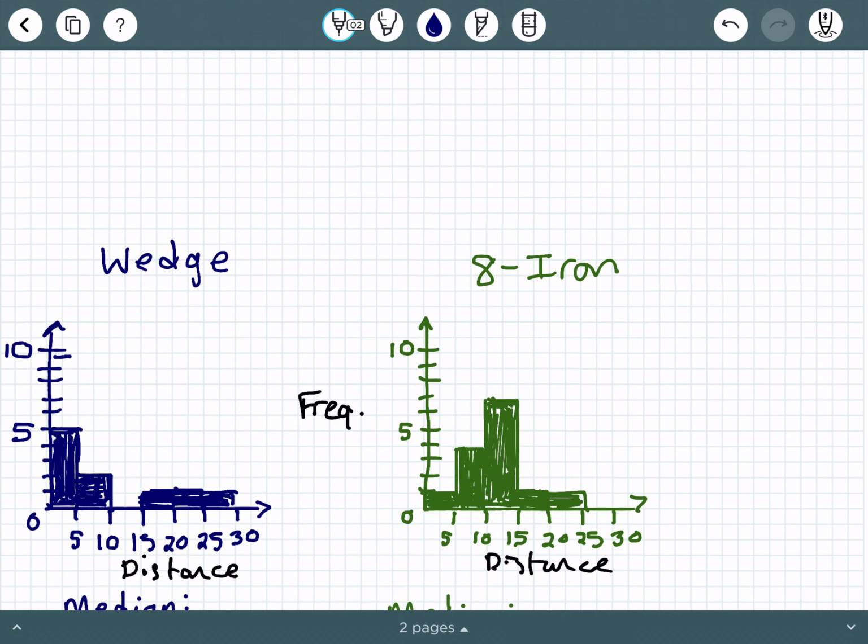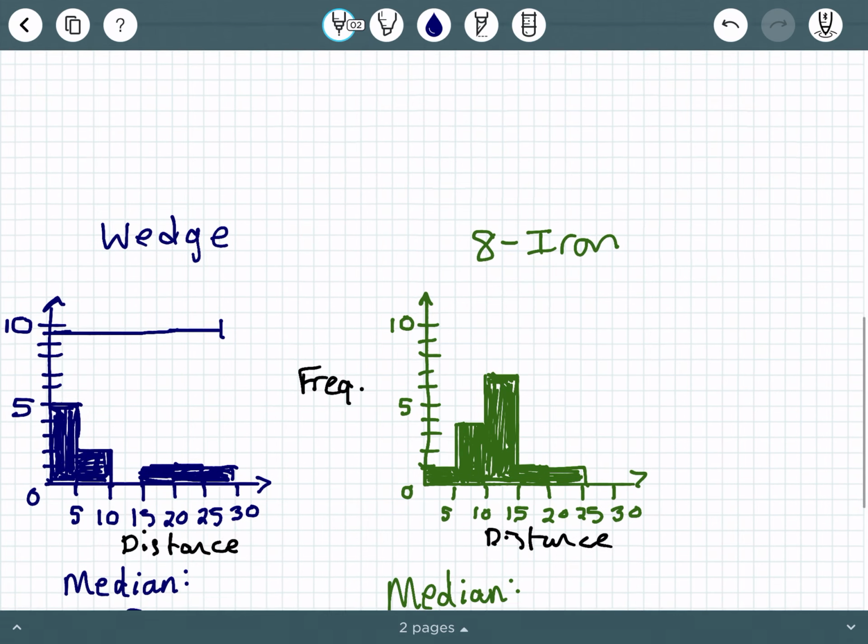And the lowest with the wedge was 0. The highest was 25. So I'm going to start at 0, and I'm going to extend all the way to 25. One a little bit over here, so fix that. All right, so that's how far our line is going to go for our box plot.